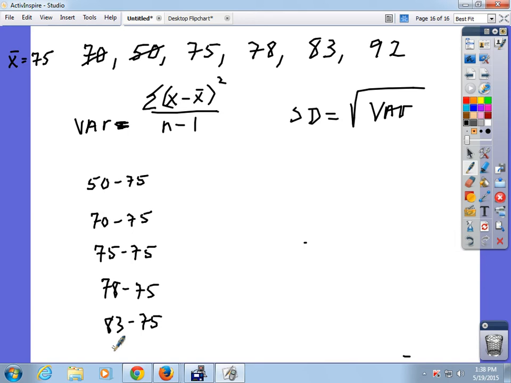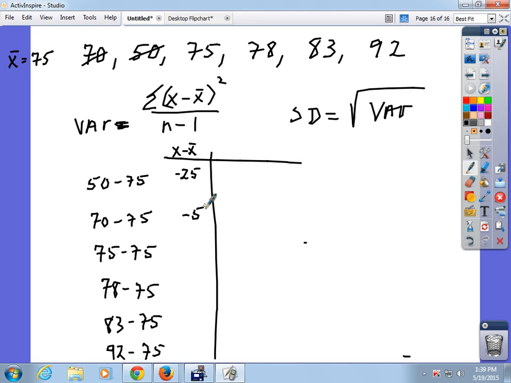And then 92 minus 75. And that's going to give me a negative what here? Negative 25. So my first column, I'm going to call it x minus x bar, is going to be negative 25. What is this? Negative 5.